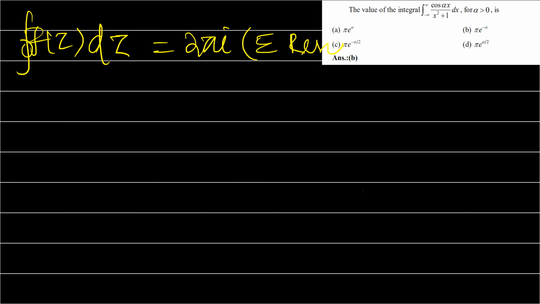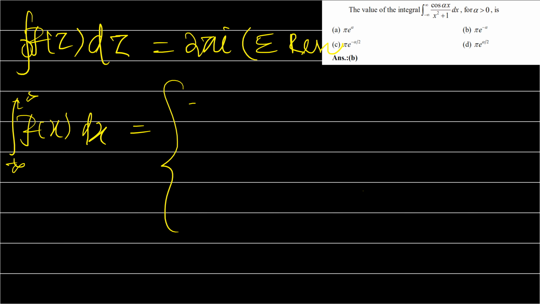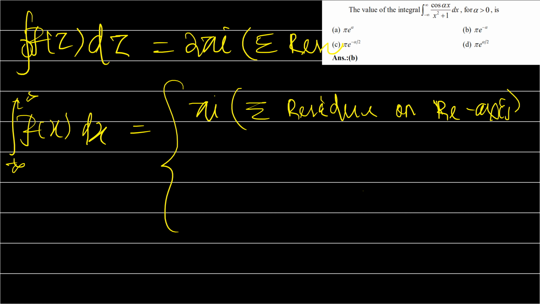Now for this real integration, we have two formulas. One is pi I into the summation of residues, which is the condition for a pole lying on the real axis.